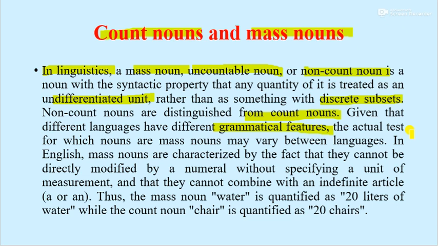In English, mass nouns are characterized by the fact that they can't be directly modified by a numeral without specifying a unit or measurement, and they can't be combined with indefinite articles. Thus, the mass noun water is quantified as 20 liters, while the count noun chair is quantified as 20 chairs.